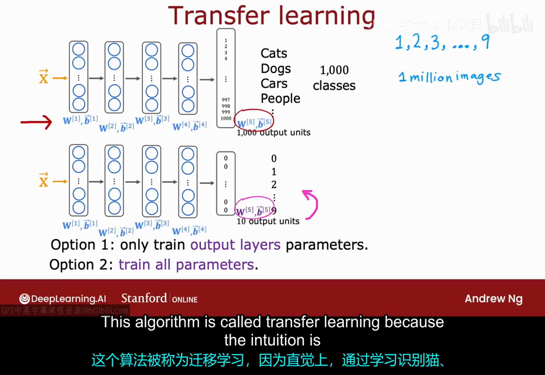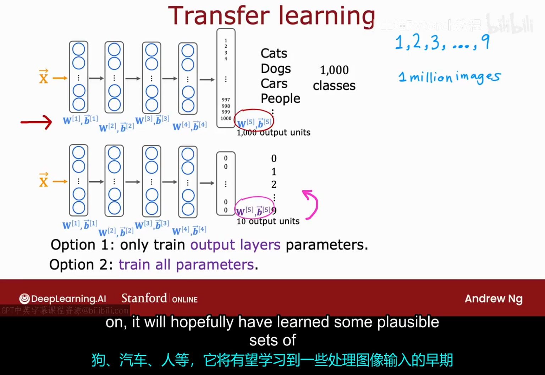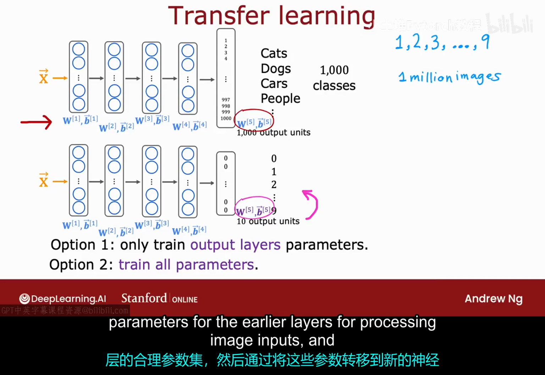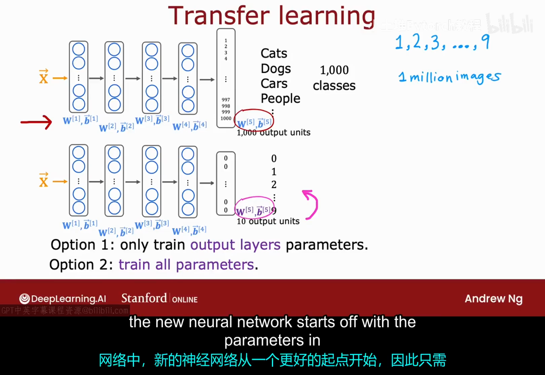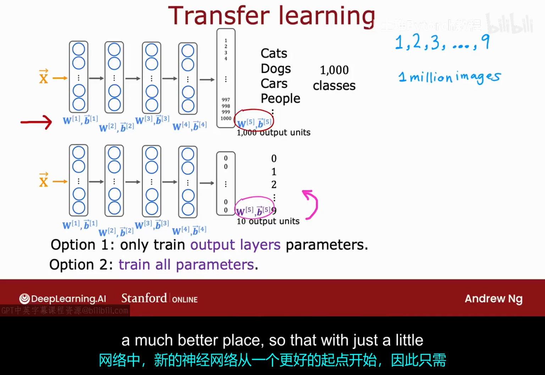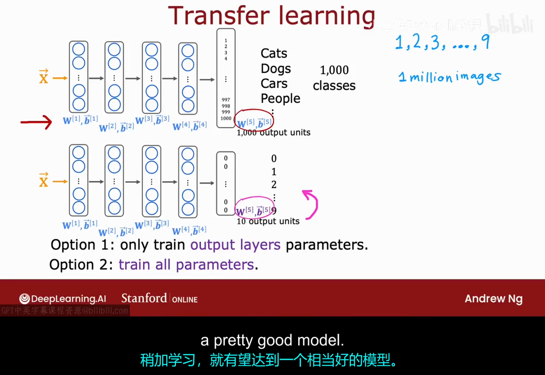This algorithm is called transfer learning because the intuition is by learning to recognize cats, dogs, cars, people, and so on, it will hopefully have learned some plausible sets of parameters for the earlier layers for processing image inputs. And then by transferring these parameters to the new neural network, it starts off with the parameters in a much better place, so that with just a little bit of further learning, hopefully it can end up at a pretty good model.